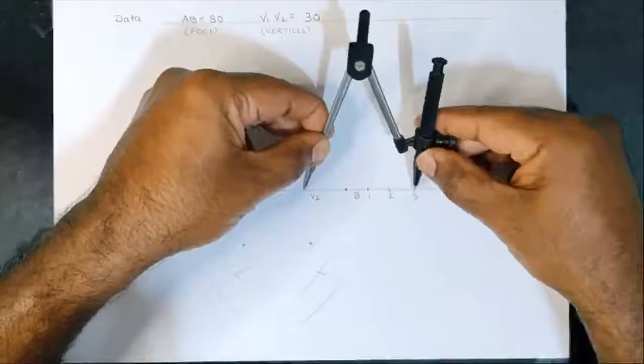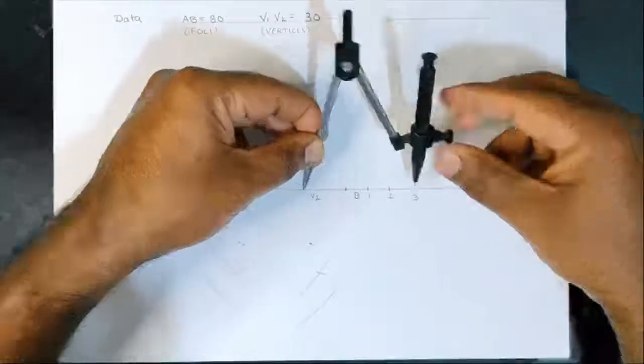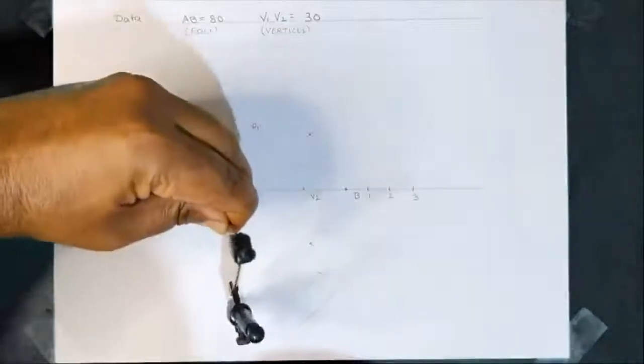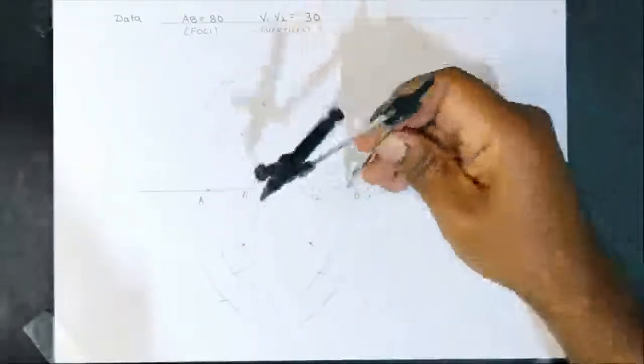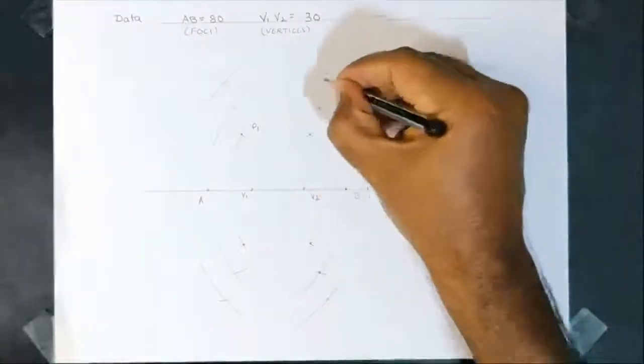Now I take the distance from vertex V2 to point 3, keep it on focus A and find the intersecting arc with the previous arc above V1, and use focus B to find the intersecting arcs above and below vertex V2.